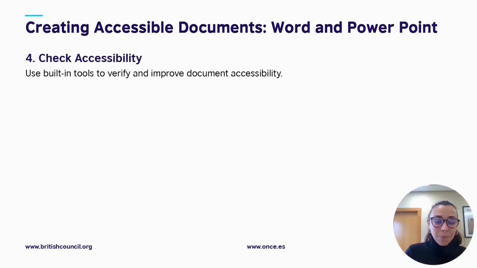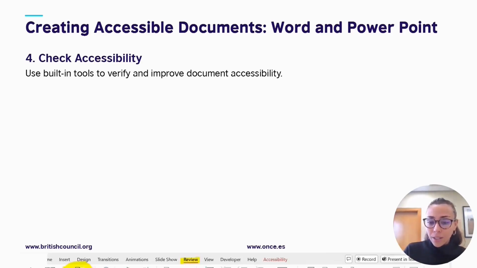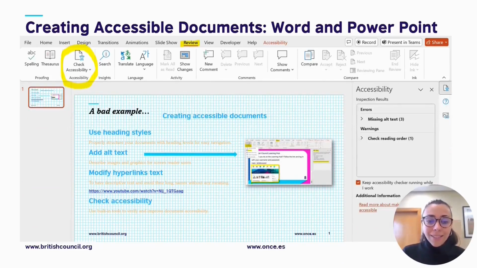Okay, and the last point, and a really, really important point, is to check the accessibility. Word and PowerPoint have a tool to check the accessibility of our presentations and documents. Use built-in tools to verify and improve documents' accessibility. Okay? Here you have the last example with the check accessibility option.